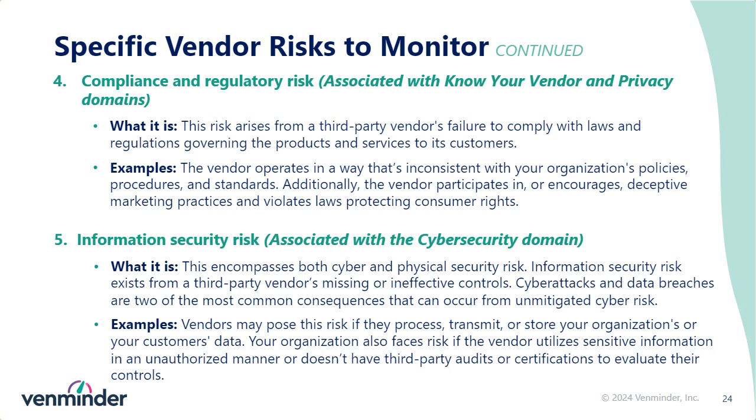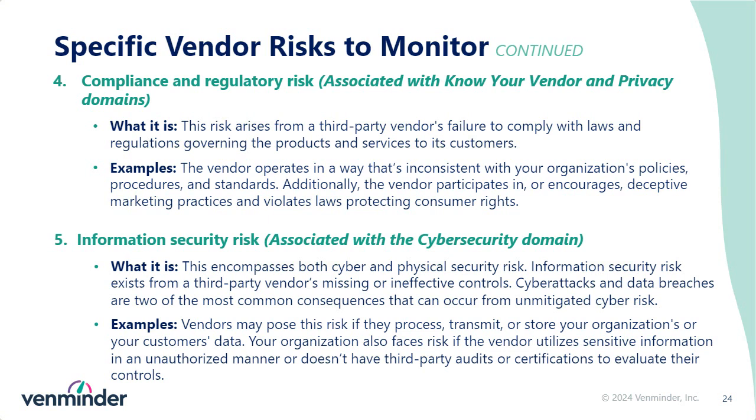And then there's information security risk, and this one is associated with the cybersecurity domain. And this risk encompasses both cyber and physical security risk. Information security risk exists from a third-party vendor's missing or ineffective controls. Cyber attacks and data breaches are two of the most common consequences that can occur from unmitigated or uncorrected cyber risk.